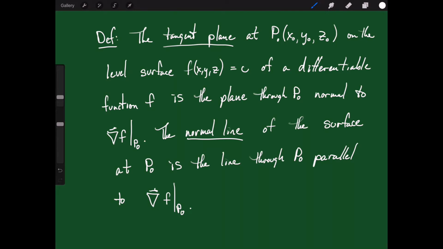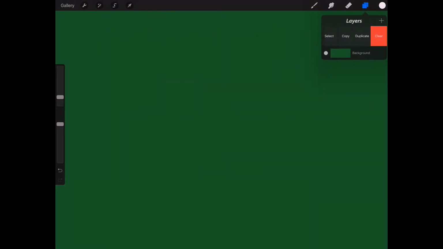So we have two things here we're talking about. First one is the tangent plane of a surface, and the second one is the normal line at a point on a surface. Let me draw a picture of each of these first, just so we can get a feel for what we're talking about.